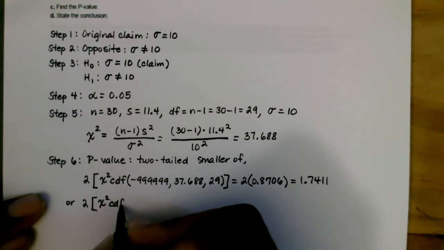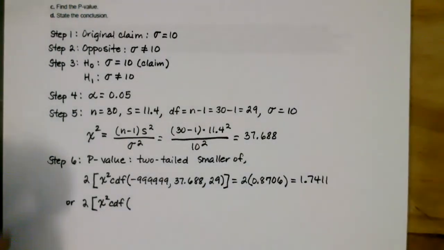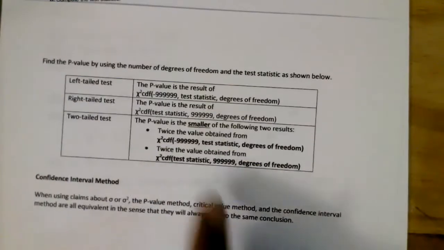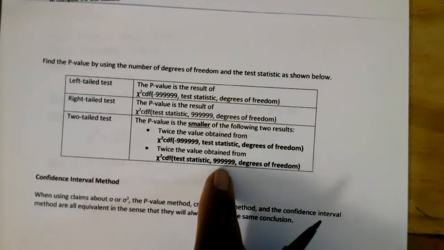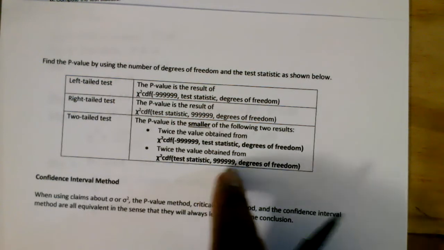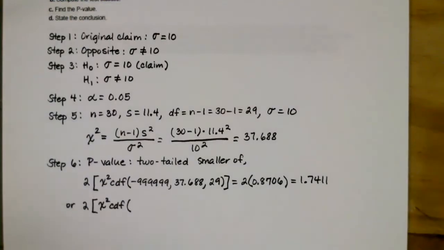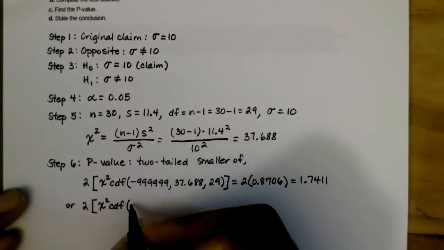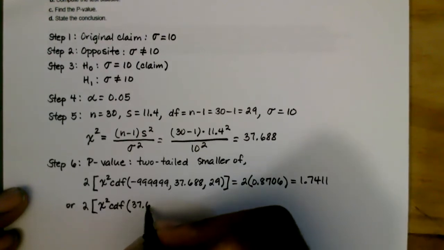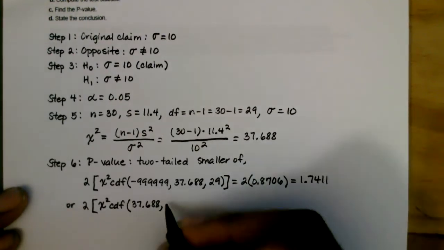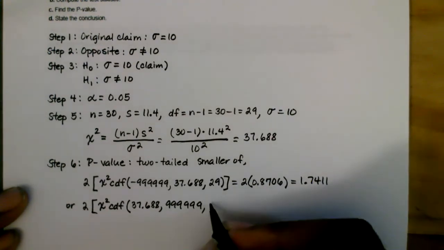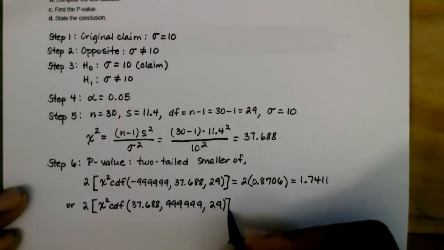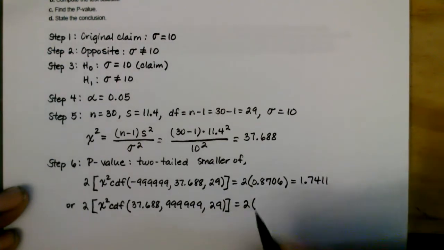The chi-square CDF, in this case, is this one. The test statistic, and then as many 9s as you need, and then the degrees of freedom. So my test statistic was 37.688, and then I'm just writing 6 9s, and then degrees of freedom. So I know I'm going to have 2 times.